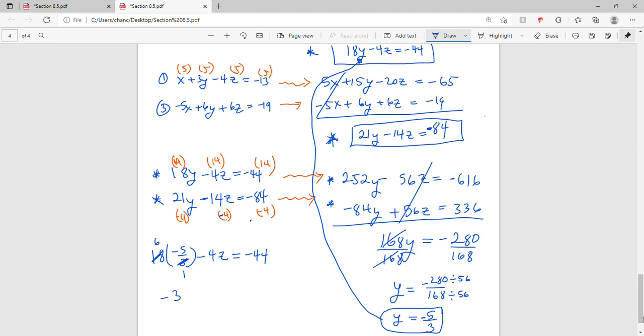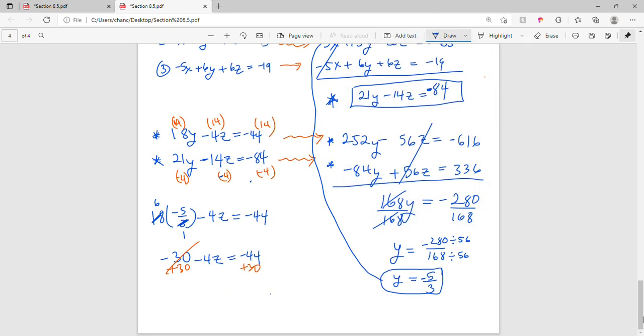So this is negative 30 minus 4z equals negative 44. I can add 30 to both sides. And so we have negative 4z equals negative 14. If we divide both sides by -4, z equals 7/2. Another ugly answer. So we have 7/2 as z, negative 5/3 as y. Two really ugly answers.